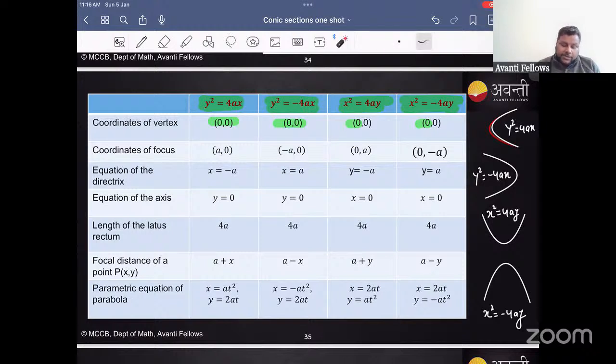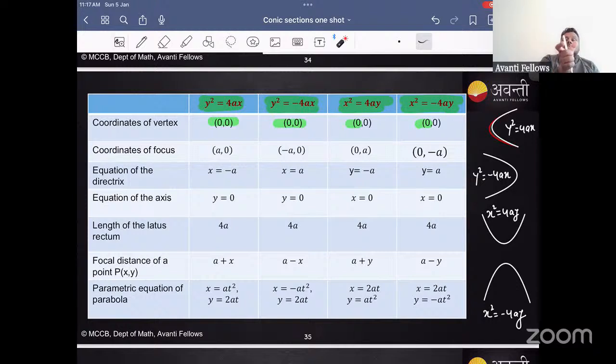Got it? So in y square equals 4ax, the focus is (a, 0). The directrix is x equals minus a. The equation of the axis is the x-axis, that is y equals 0. The latus rectum is 4a. The focal distance of any point, meaning the distance of any point from the focus, you don't have to use the distance formula.